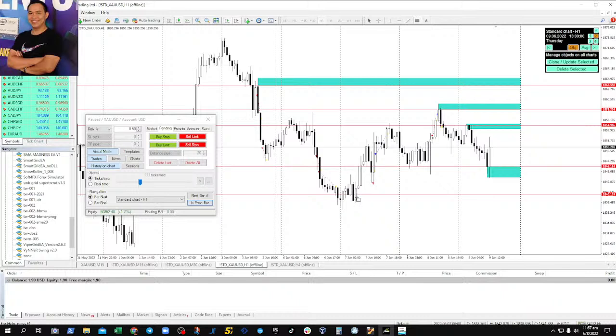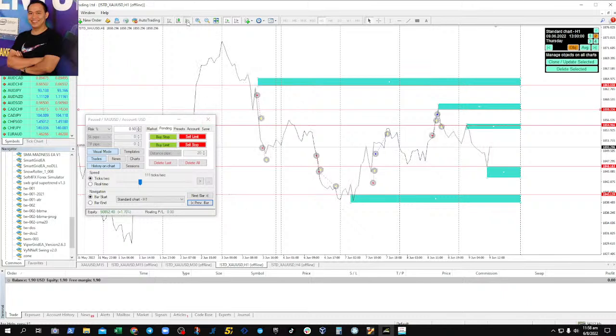Then there's this. Okay, I'm just going to do this. This is an SSR zone actually, so it can be support and resistance.